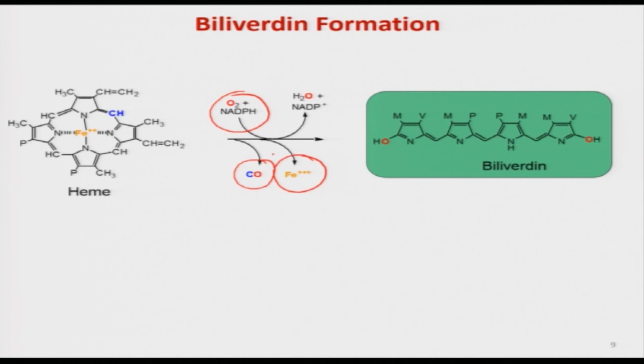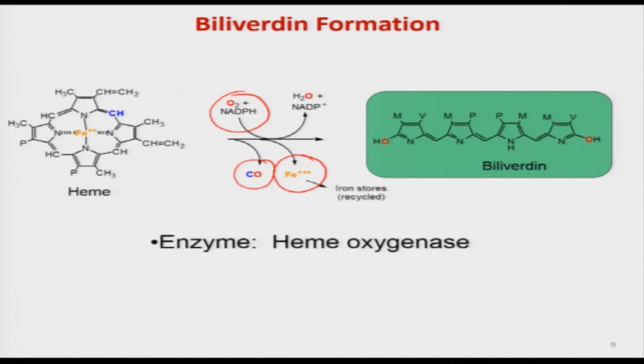So, this is very important, and this recycles around 98% of the iron which we require regularly in our day-to-day activity, and the rest 1 to 2% comes from the diet we take every day.